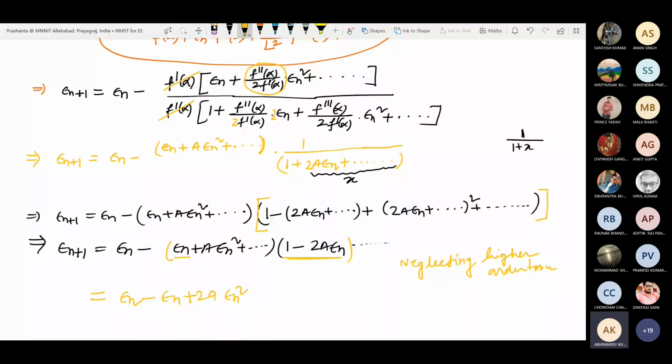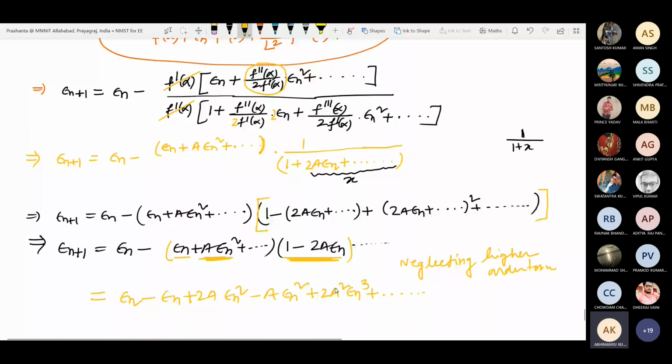Next, I am going to multiply a epsilon n square with these two terms. So that will be minus a epsilon n square, then minus minus plus 2a square epsilon n cube plus the remaining terms. Is it not?